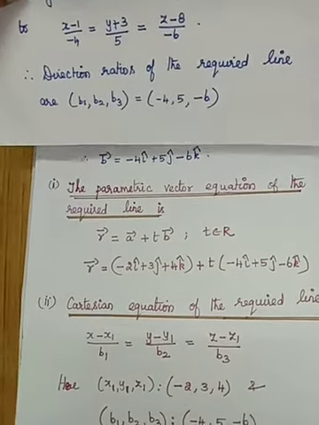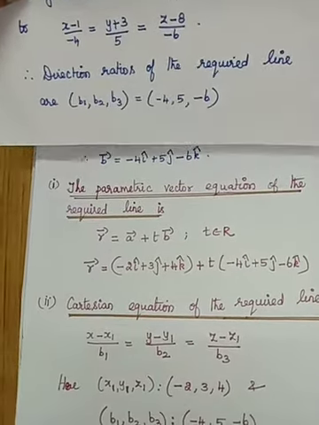Or otherwise, if you consider the other point as x1, y1, z1 and this as x2, y2, z2, you will get the other form. Either one can be used. While calculating, here you will have 8 minus 6 is 2, here 4 minus 7 is minus 3, and 9 minus 4 is 5. You will get this answer.